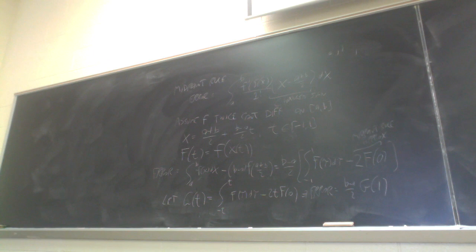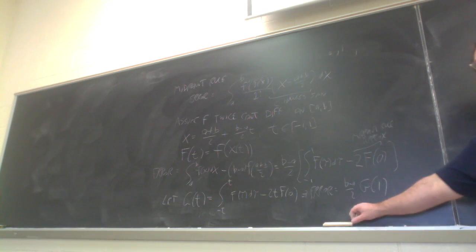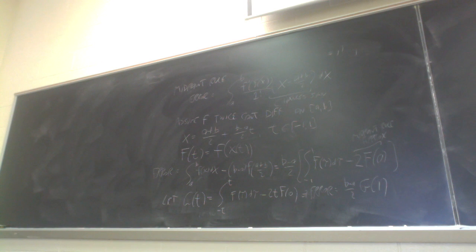So that gives me yet another expression for the error. I figure if I keep rewriting the error, eventually I'll be able to figure out what it is. But this is basically going to be proof by calculus tricks, and there are similar calculus tricks that I've used for other things.